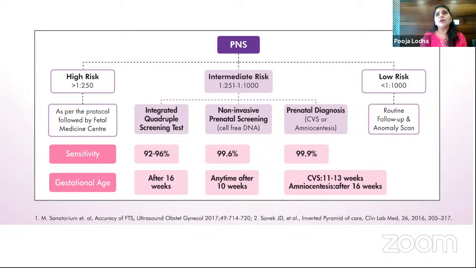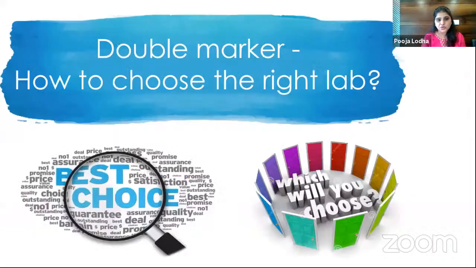You do an early anomaly or an aneuploidy marker scan at 16 weeks. You look for markers. If the baby seems fine, you have to tell the couple, look, I don't see any abnormal markers on ultrasound, but you are intermediate risk. I can rule out 90% of the Down syndrome babies just looking at the baby, but 10% I'm going to miss, which the other two tests will pick up. And you leave the platter open for the couple to choose.